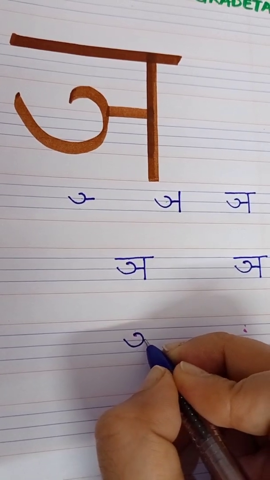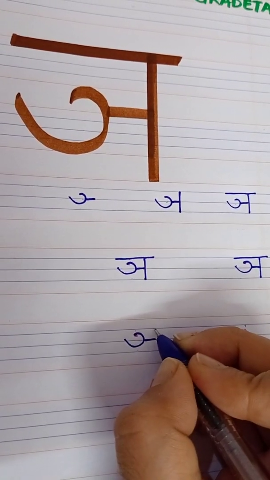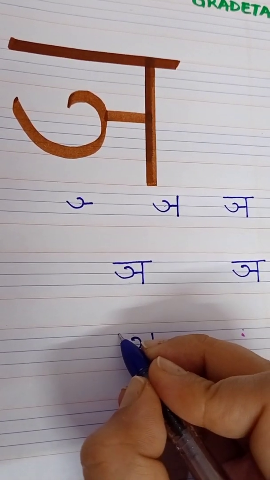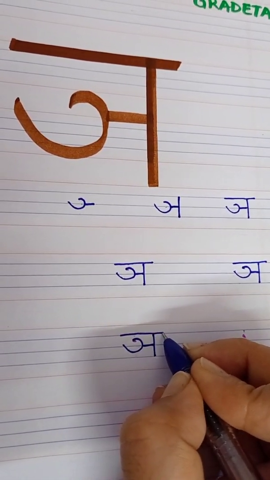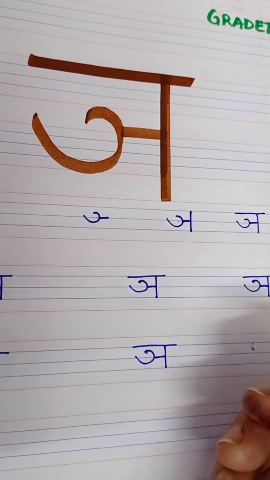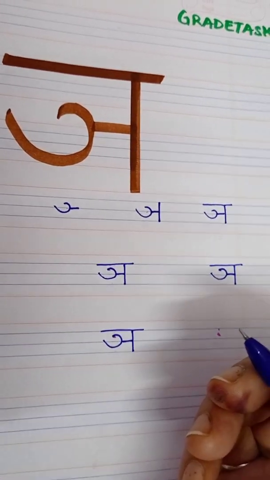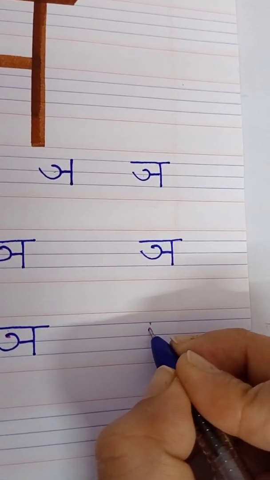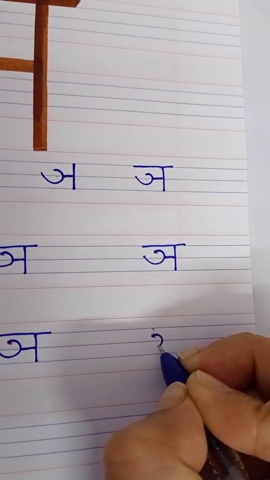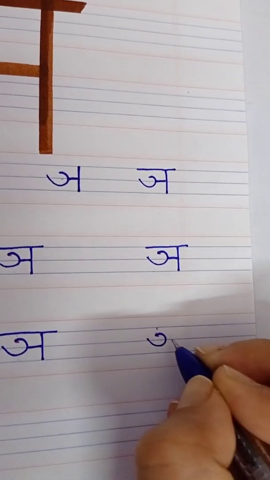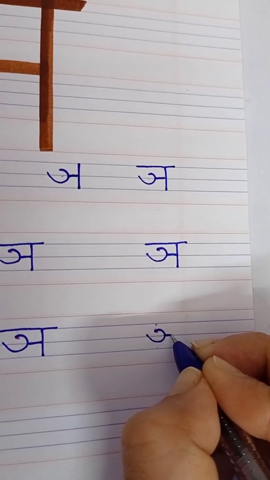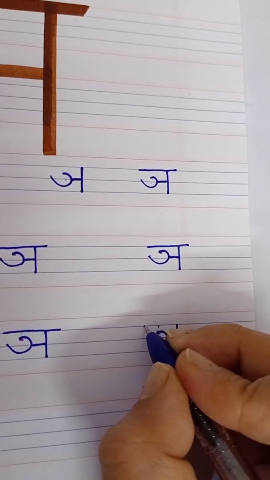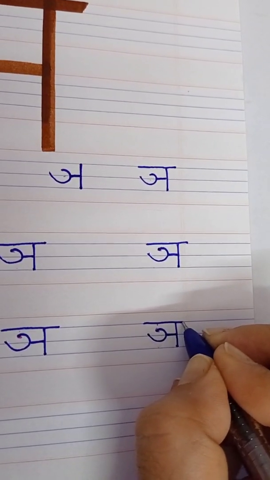After that, make one sleeping line, then one standing line like this, and one sleeping line at the top.